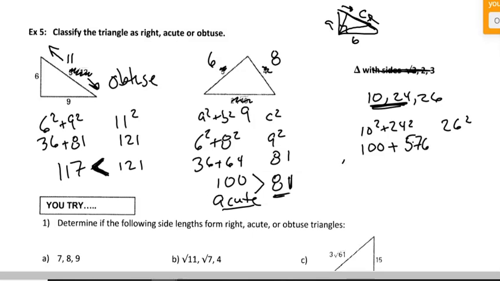Let's see how that compares to 26 times 26, 676. This gives me 676, and that's 676. They're equal. What happens when the a squared plus b squared part equals the c squared part? It is going to be right.